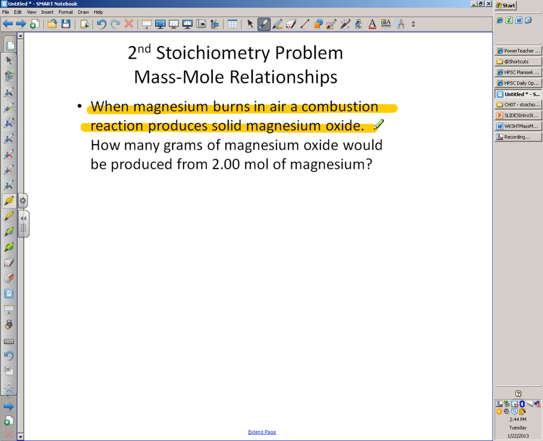Is that right? Magnesium losing 2 valence electrons.